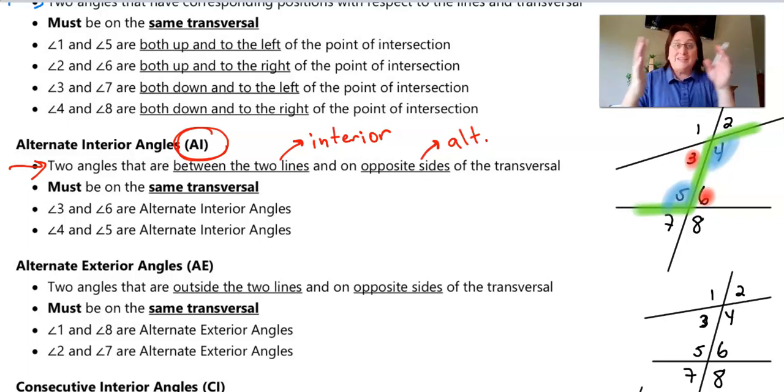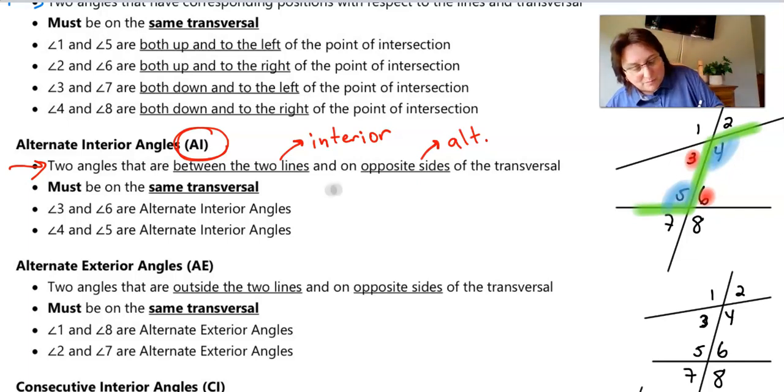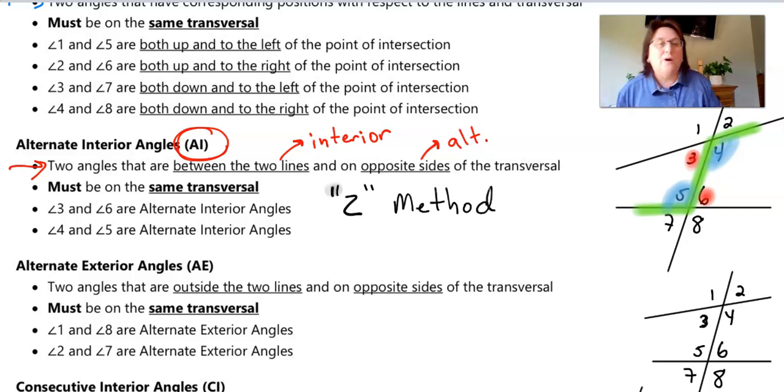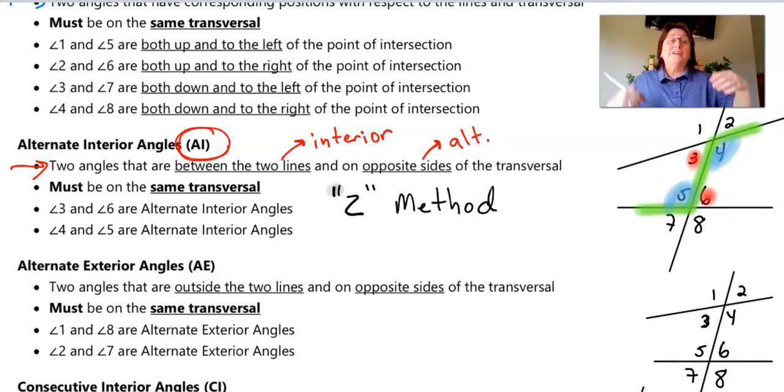You can draw the Z either way in order to find the alternate interior angles. So the method that I just showed you is called the Z method. That is a way to help you identify alternate interior angles. Okay, let's go on down now and look at alternate exterior angles.